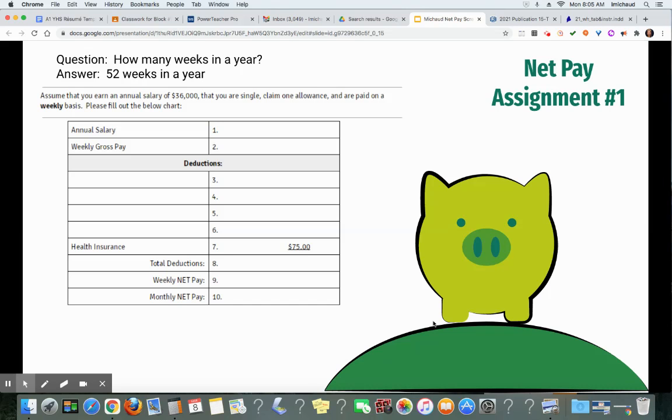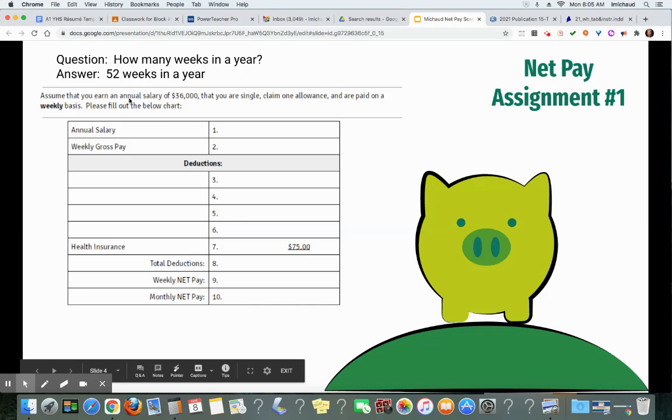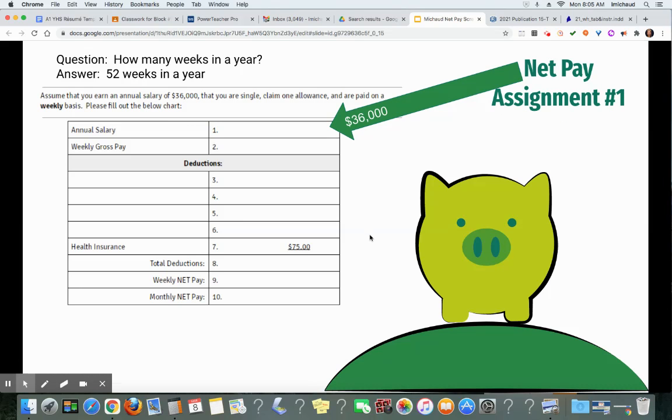So we need to determine what our annual salary is. It's stated right up here. So that is $36,000. Next, we need to figure out our weekly gross pay. So how many weeks are there in a year? There are 52 weeks in a year. So what do you think you need to do?